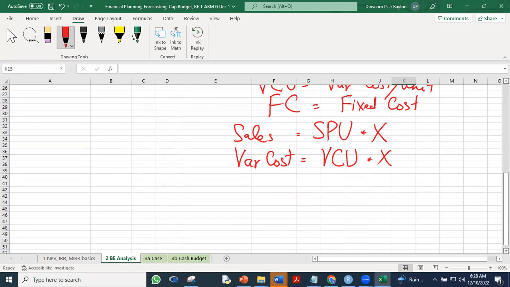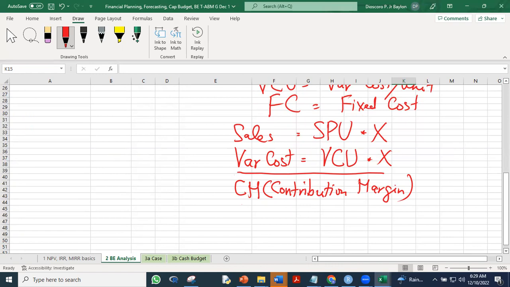So if we subtract sales from the variable cost, we have what we call CM, or this is your contribution margin. Okay, and then your contribution margin is simply your selling price per unit times your X minus the variable cost per unit.